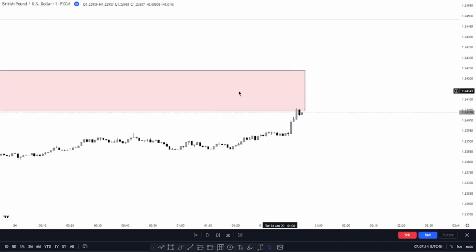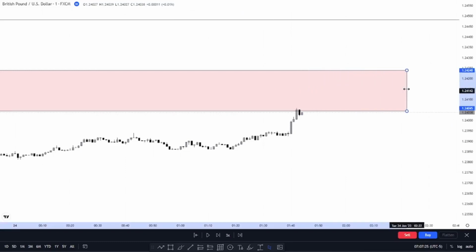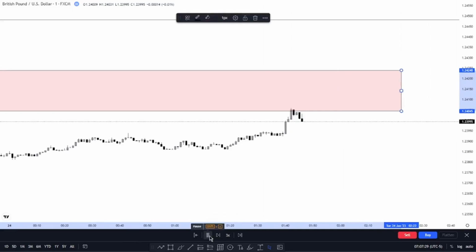So this is the 15 minute point of interest, and price has come into that 15 minute point of interest. So let's continue to advance price and see what happens on our 1 minute time frame.